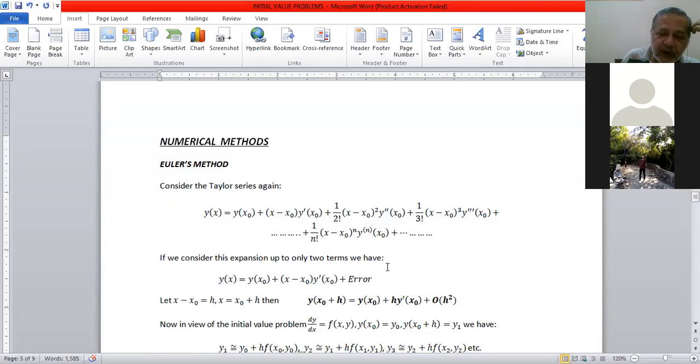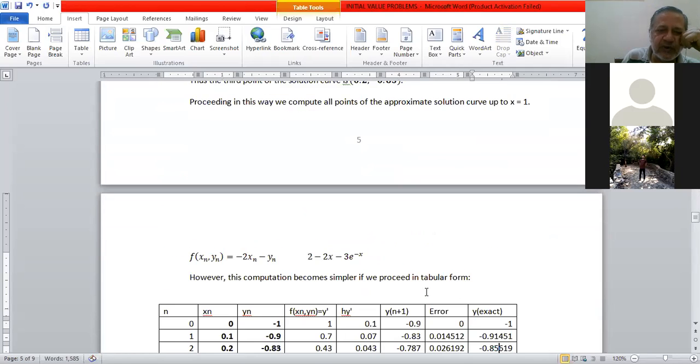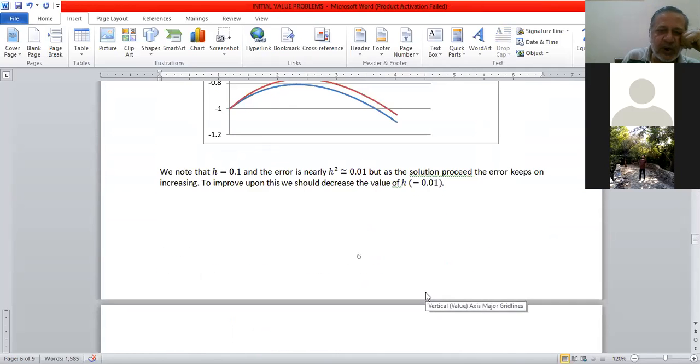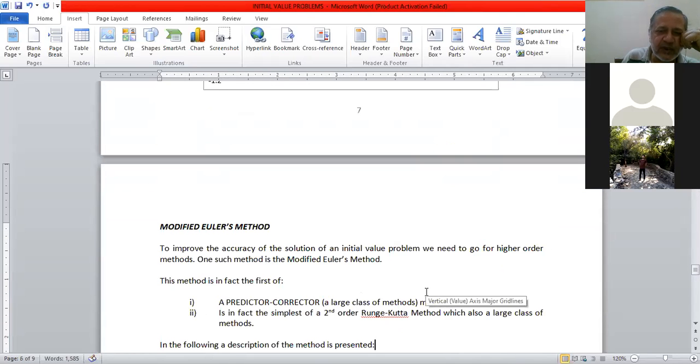So to increase the accuracy of the results, you have to go for higher order approximation. How we go for the higher order approximation in a method called modified Euler's method is not exactly same as previously. Directly, I take the Taylor series, truncate it after second degree term, and develop a method. It's a slightly different approach.